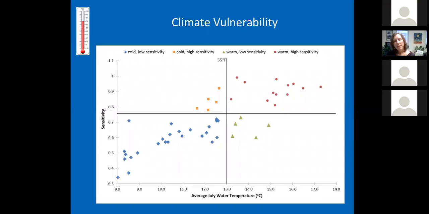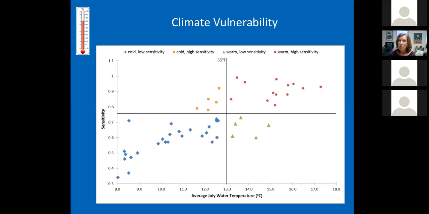And so this is a graph just to, again, make the point that streams don't all respond the same. And that's great. That means that there will be some systems that are always cold, and those would be depicted in this graph. The blue ones, those are streams that are below that 55°F threshold. And they also don't tend to be very sensitive to changing air temperatures.